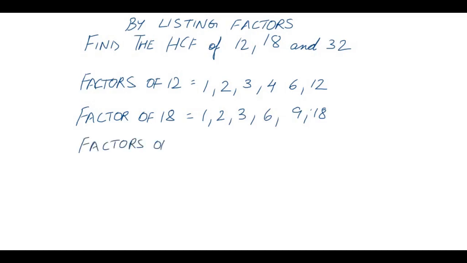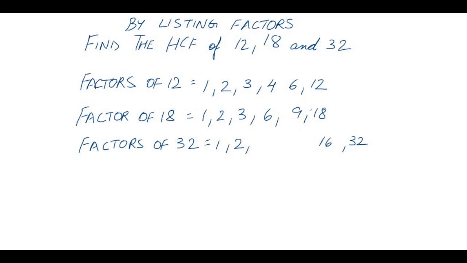And lastly, let's find the factors of 32. So 1 multiplied by 32 will give factors. As you know, 1 and the number itself are always factors. Then you have 2 multiplied by 16, which gives you 32. So 2 and 16 are also factors.